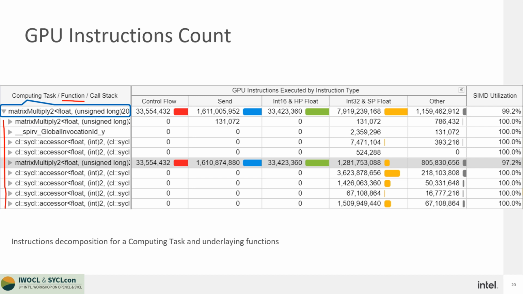So in this case, we have the matrix multiply function call and their set of instructions being used to generate this call. So it's more or less evenly distributed, and you can find out what portion of instructions is being spent in either calculating some math functions or sending data or just for control flow.